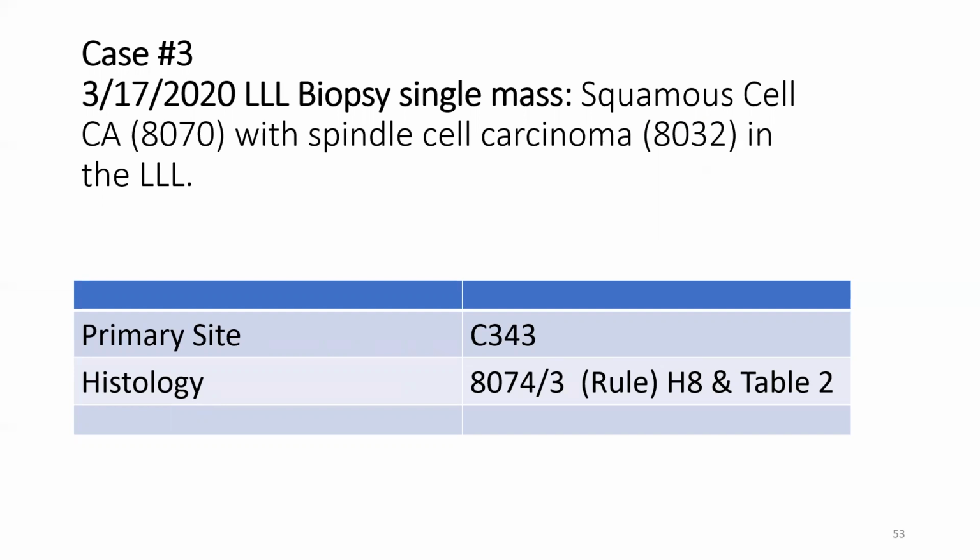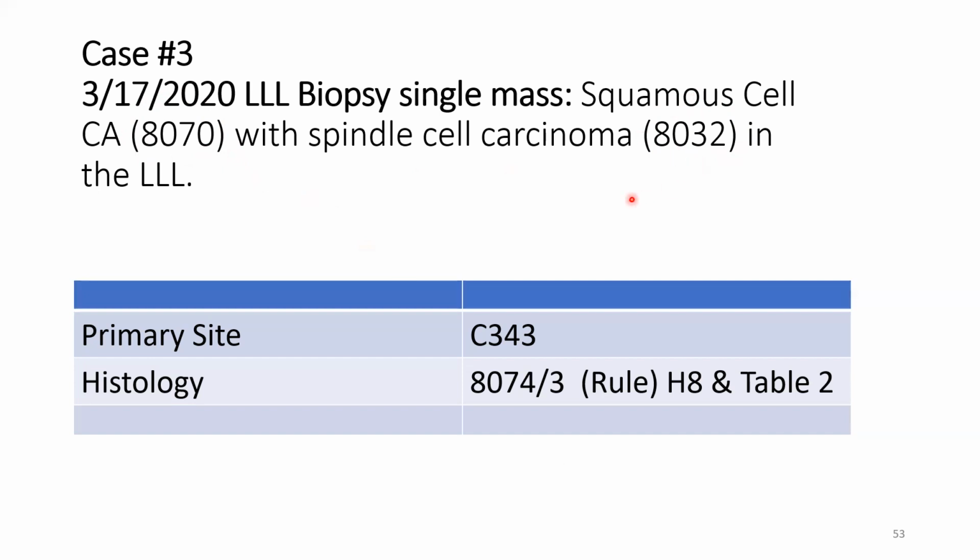The histology rules tell us to code the most specific if it's described as a subtype variant or a type. So we can tell from table 3 that squamous cell is the NOS. Spindle cell is not a subtype of squamous in column 3. So the preliminary codes here, squamous is the 8070, spindle cell is the 8032.